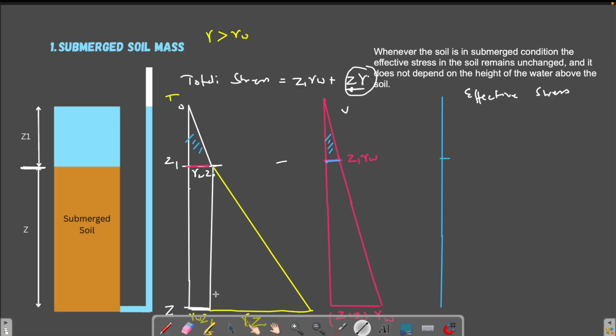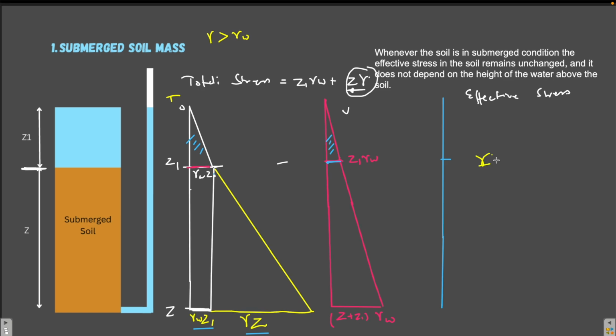Now we are subtracting: gamma W into Z1 plus gamma into Z, the total stress, minus the pore water pressure, which is Z plus Z1 into gamma W. So Z1 gamma W minus Z1 gamma W. I hope this is clear to you.